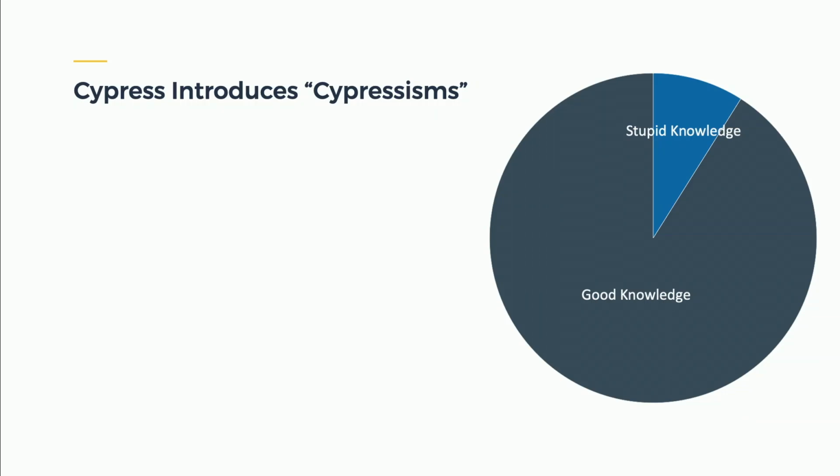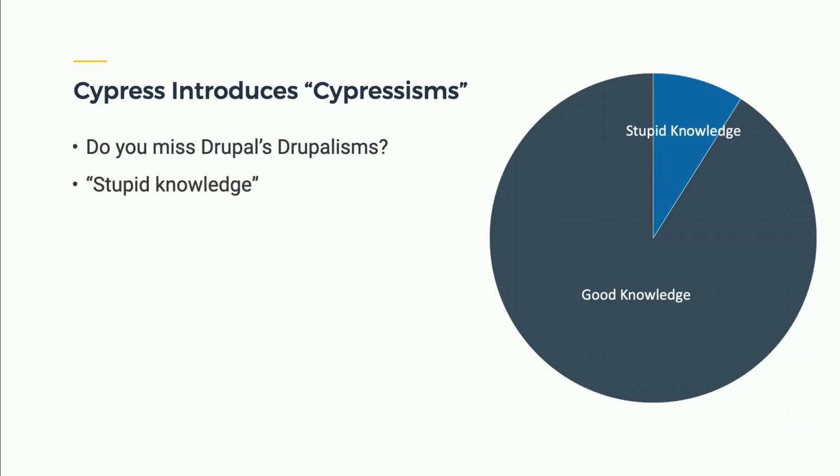Okay, so here's another issue with Cypress. It introduces Cypress-isms. So in Drupal, we called them Drupalisms, and we're year by year or release by release trying to get rid of our Drupalisms, the weirdness that only Drupal has. Well, Cypress has its own, and I call it stupid knowledge. And it's not my term.